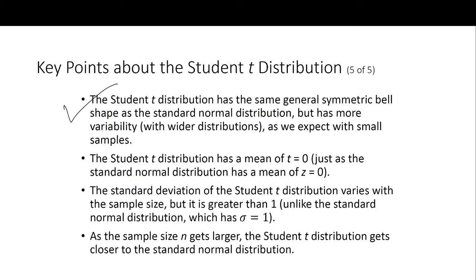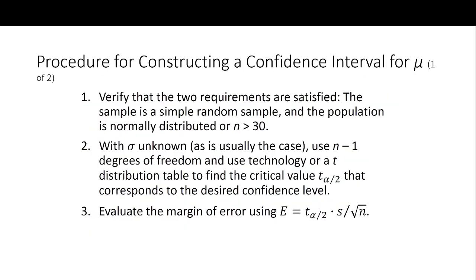The student t distribution has the same general symmetrical bell shape as the standard normal distribution. It has a mean of t equals 0, as a normal distribution has a mean of z score 0. The standard deviation of the student t distribution varies with the sample size, so it's not like the standard normal distribution. As the sample size n gets larger, the student t distribution gets closer to the standard normal distribution.